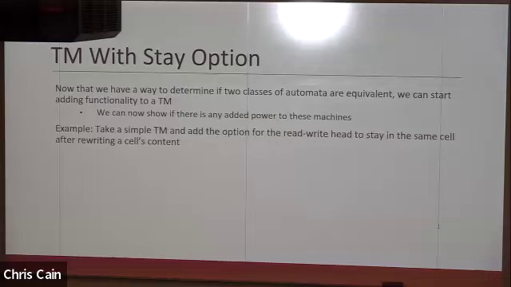So, possible moves of a Turing machine with a stay option are now left, right, and stay. You can imagine now if I asked you the question, does this increase the power of a Turing machine? Is there some kind of language that we could represent with a machine that could move left or right or stay that we could not represent with just left and right?